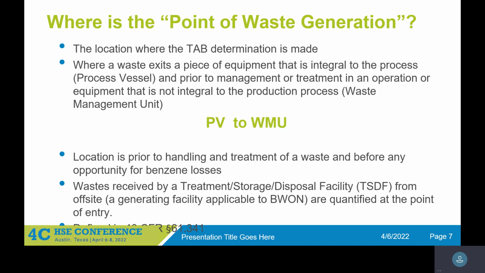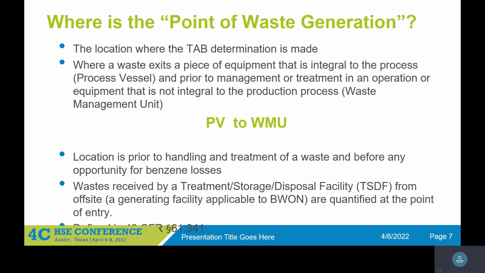You don't need that to continue making gasoline, right? So it's where it exits the piece of equipment that is integral to the process and prior to management or treatment in an operation or equipment that is not integral to the process. So basically it goes from a process vessel to a waste management unit.